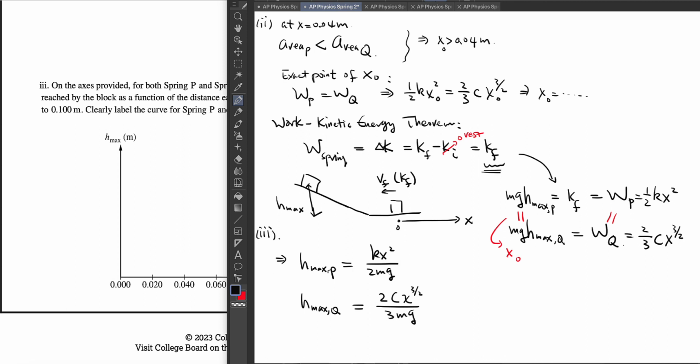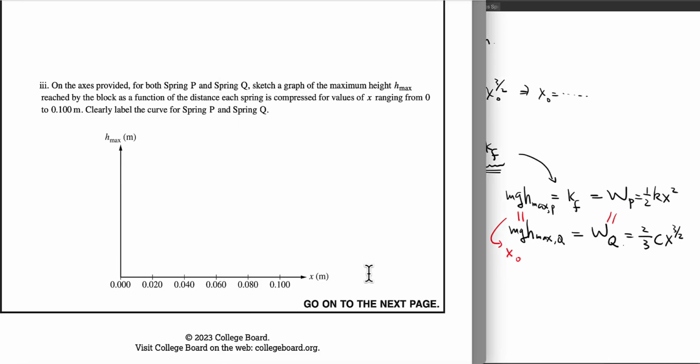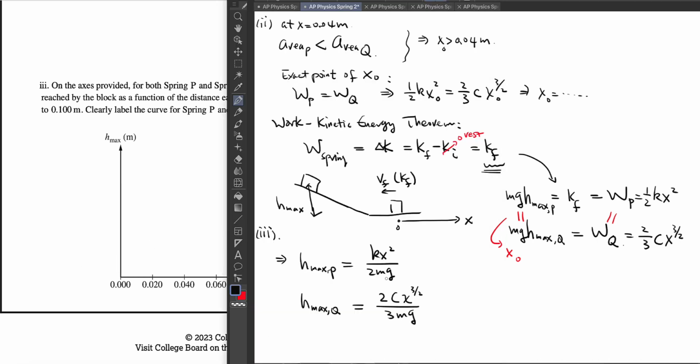Since we're not given the value of mass m, when you plot the diagram we can simply say mg equals 1. Then we simply plot 1/2 kx squared in the diagram, and this one is 2c x to the power 3/2 divided by 3.